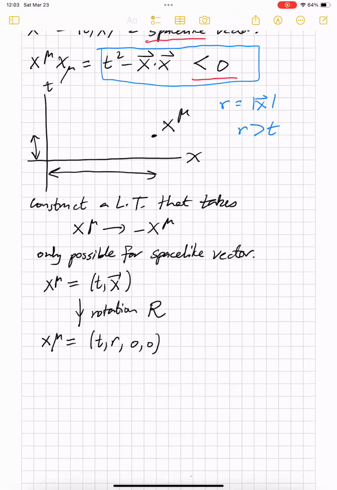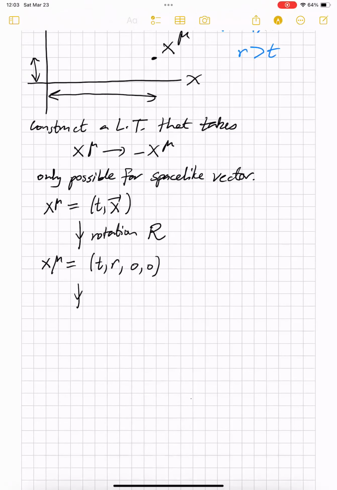That's not too difficult. Next, you will do a boost. Let's call it B for boost. And after the boost, this vector has got no temporal component. It's got the value A. And then for x, its y component vanishes and its z component vanishes.